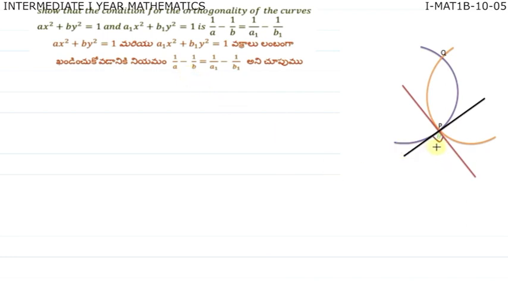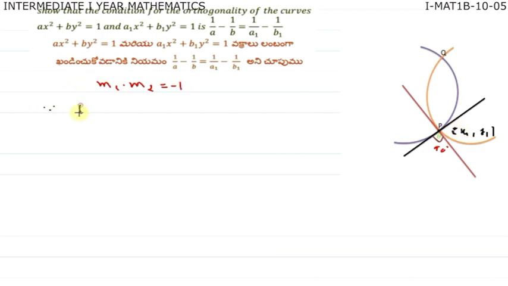So since theta is equal to 90 degrees, we can use the relation m1 into m2 is equal to minus 1. The point is not given here. I am taking this P as x1 comma y1.